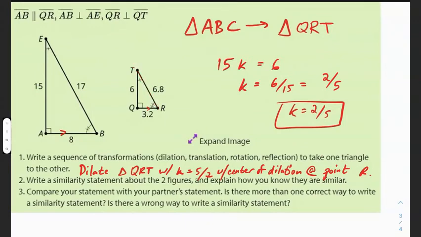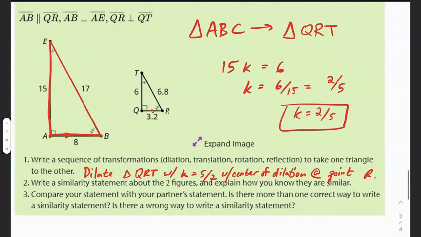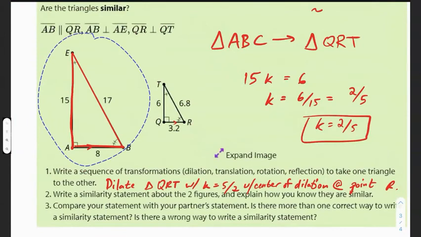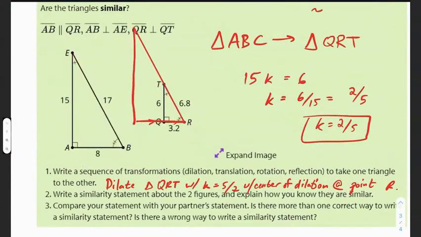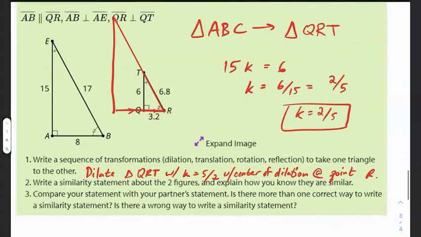Actually, better yet, let me trace over what I wanted to get so we can see this line up perfectly. My pen's going to be difficult, so I'm just going to ignore my pen. There we go. All right, so if I dilate with a scale factor of 5/2 at R, I'm going to get something like that.